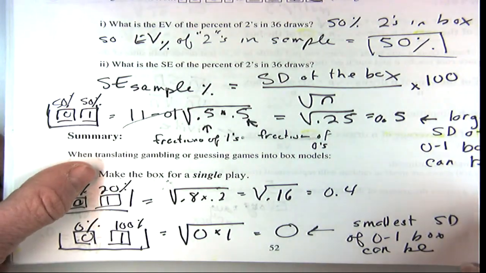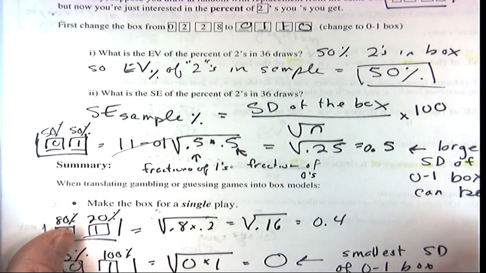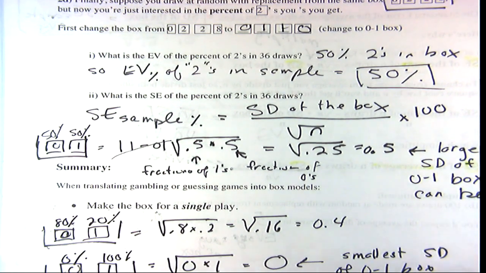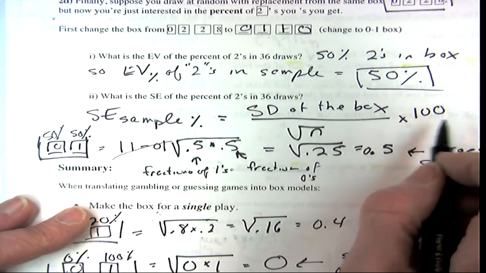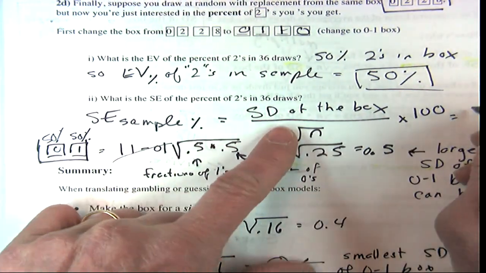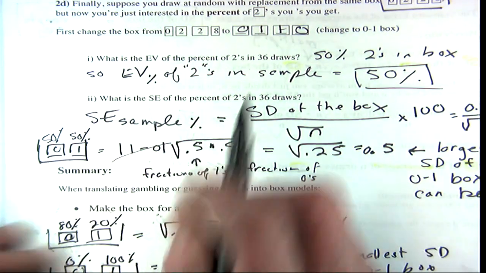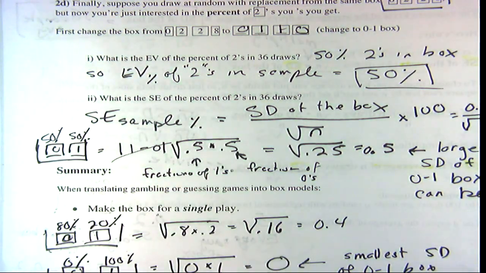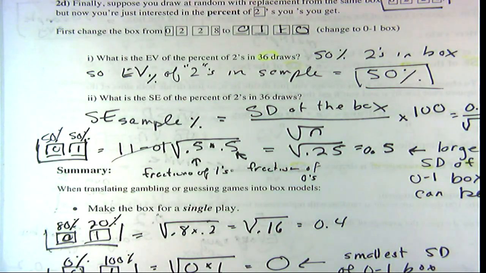All right? So let's do this. So now we have 36, so now we're going to do this. Okay, so we have 0.5, and it's over the square root of what? We have n is 36, right there.